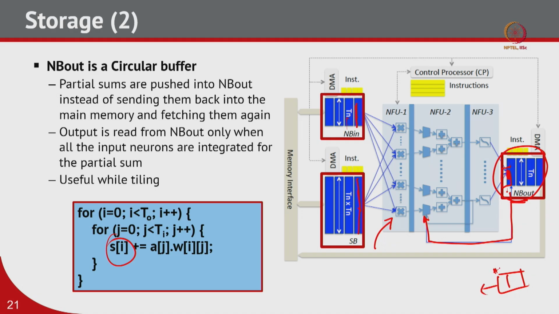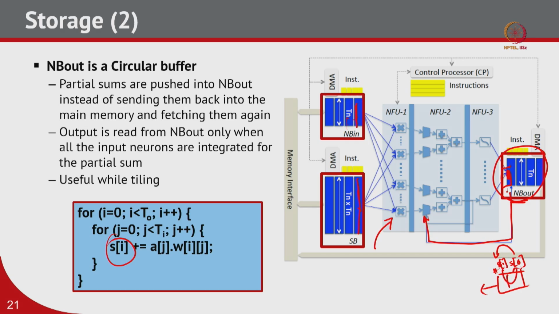Initially, the first tile will be fetched, it will be multiplied with the weights, and then let us say S0 is computed, right. So, S0 is computed and it will be kept here. Then in the next cycle S1 will be computed, and since it is a circular buffer, in the next cycle S0 will again go in this position, S1 will go in this position.